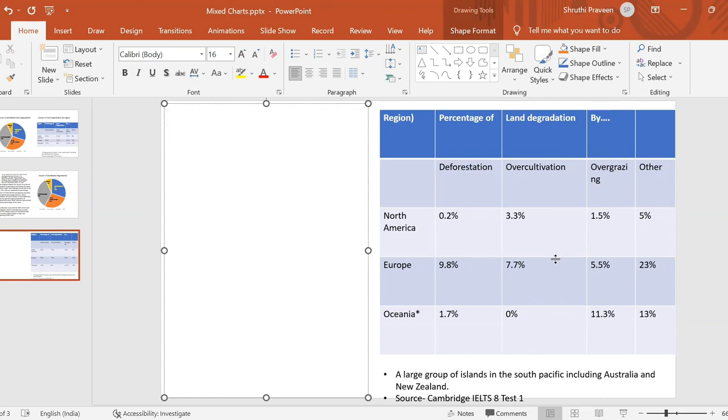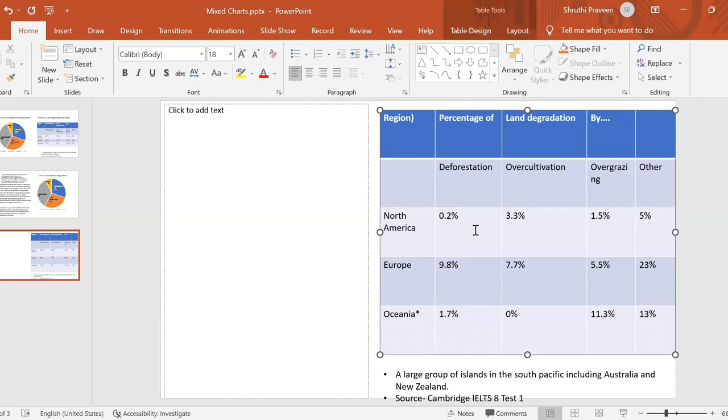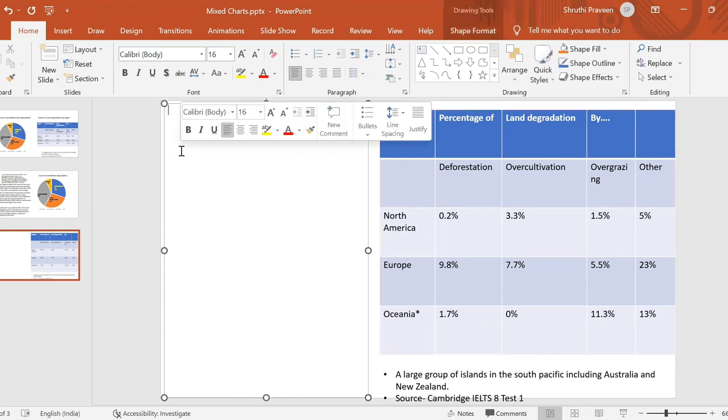In North America, only a negligible quantity of land was destroyed due to deforestation. 0.2 percentage. While in Europe, the same thing, it's much higher, 9.8 percentage. Okay.